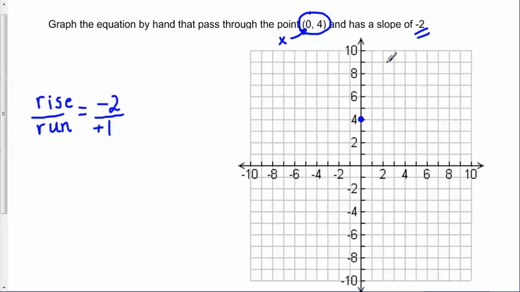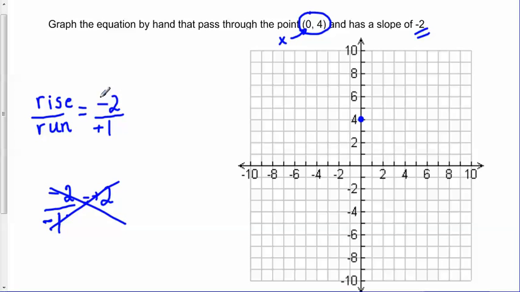That's going to give me my slope of -2. Notice that if I had written -2 over -1, well, negative divided by a negative is a positive, and 2 divided by 1 would be 2. And that's not the slope we were looking for, so that's not how we want to do that.